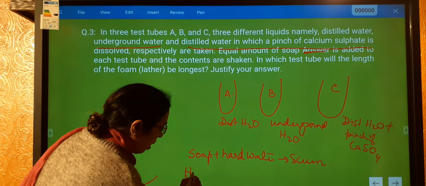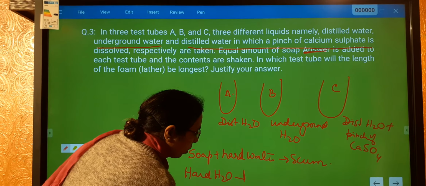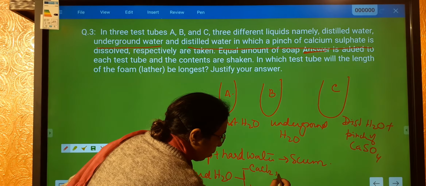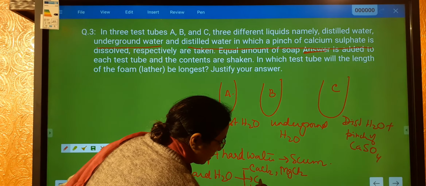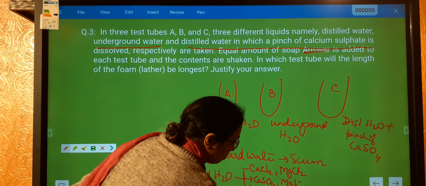Now, hard water contains what all things? Hard water contains either calcium chloride or magnesium chloride. It may contain calcium sulfate or magnesium sulfate.